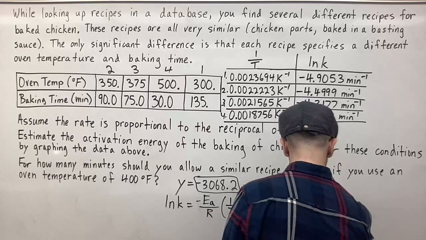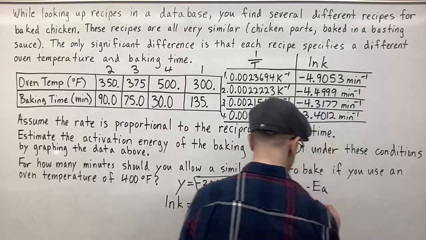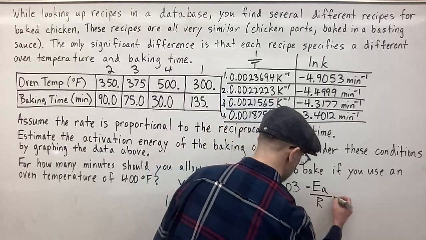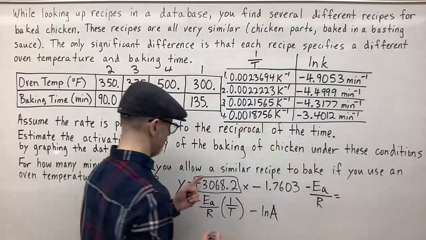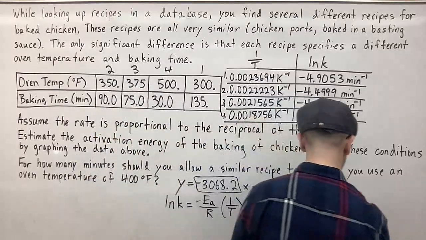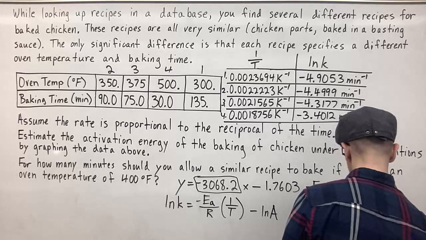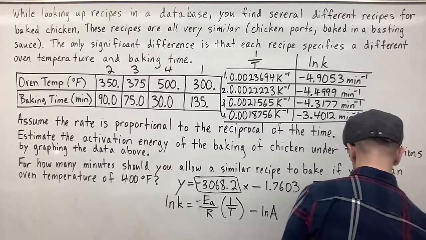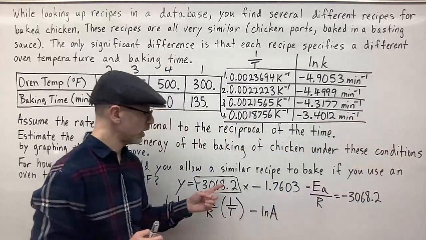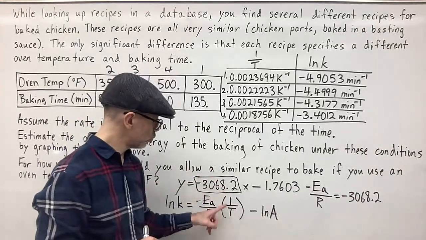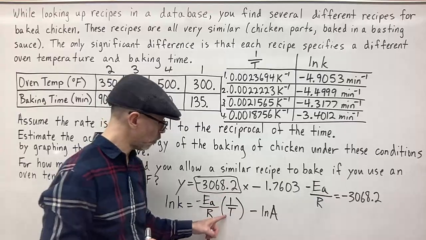So we have negative activation energy over R is equal to this value here, which is negative 3068.2. And the unit for this is Kelvin, because this is 1 over temperature, so it's 1 over Kelvin.